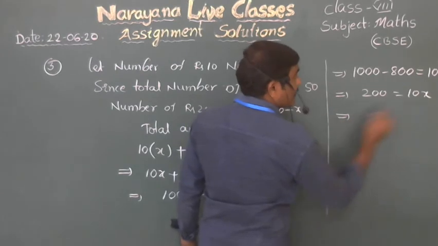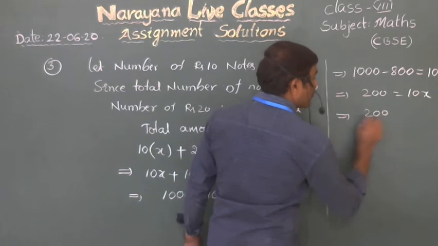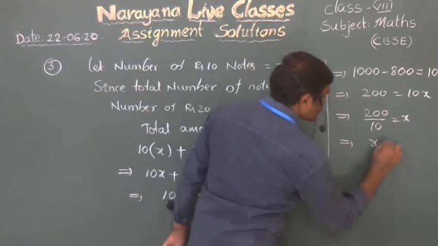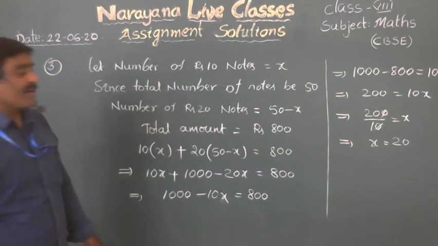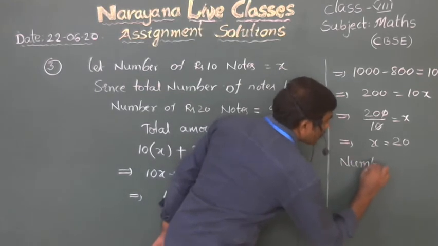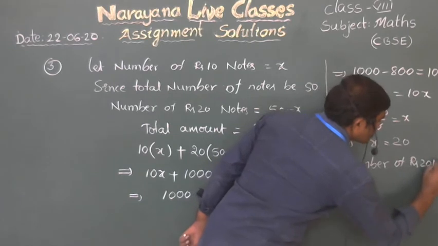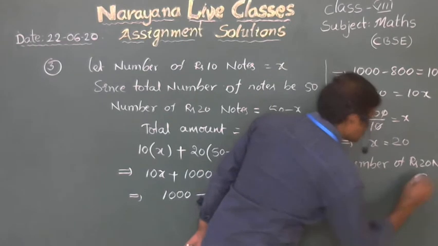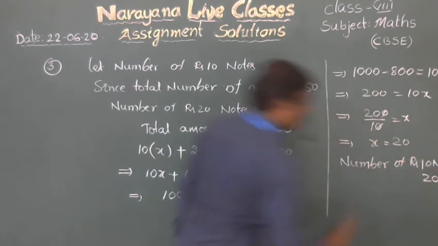Since x is multiplied with 10, it is transposed to the left side and divided. 200 by 10 is equal to x, that gives x is equal to 20. So x means the number of 10 rupee notes is 20.